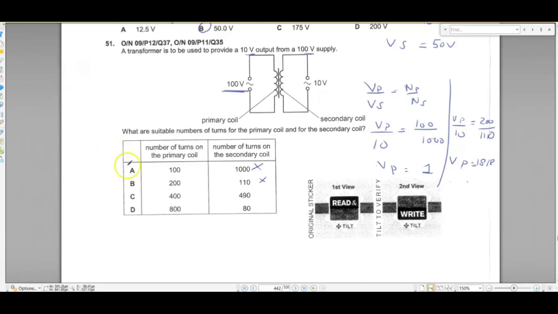Okay, moving on to the next set of values that are in C. Vp by 10 is equal to 400 over 490. This yields Vp to be 8.16 volts, which is also not equal to 100. So C option is also not correct. So D is only left, but let's calculate it quickly. 800 over 80 yields a Vp of 100 volts. So D is our correct option.